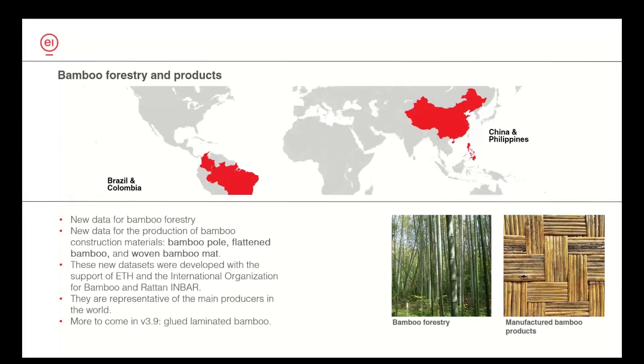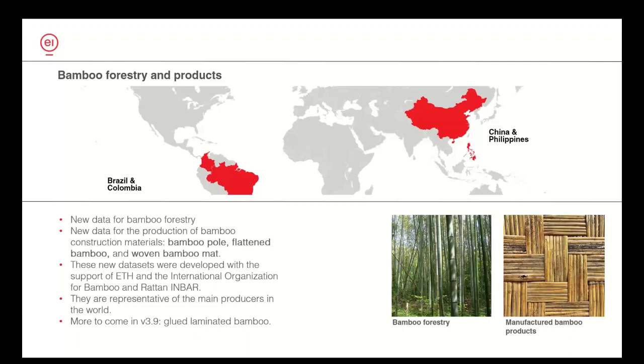We have added also new activities related to bamboo forestry and also to the production of intermediate bamboo construction materials. So more semi-industrialized construction materials from bamboo. The value chain will start with the forestry of bamboo and the production of the bamboo culms, and it will end with the production of bamboo derived products.